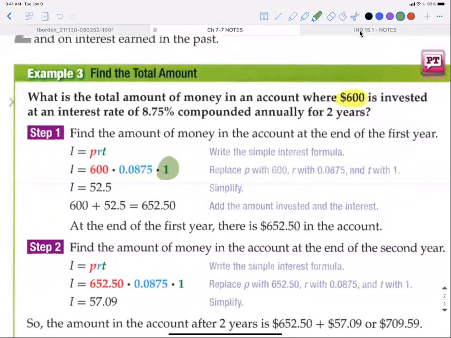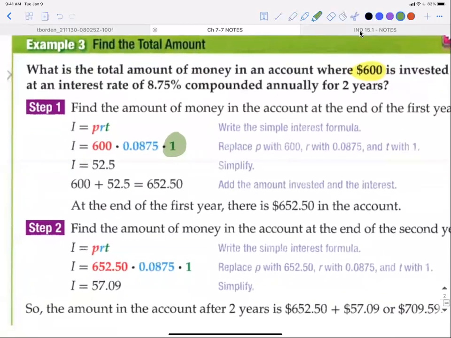You always put a 1 in the year spot because you have to tally it for year 1, then you have to tally it for year 2, and then year 3, or however long it's compounded. I will tell you, on your homework there was one that was compounded for 7 years. I wiped that one out. You guys don't have to do one that long. I think the longest one you have is 4 years. But for each time on your compound interest, your year is always going to be a 1.